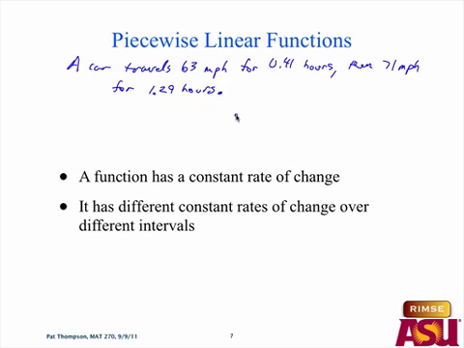So is there a function for the total distance traveled by the car as a function of time? Does there exist a function where you could say this is how much time has gone by since the beginning, and this is the total distance traveled? And what would that function be like?